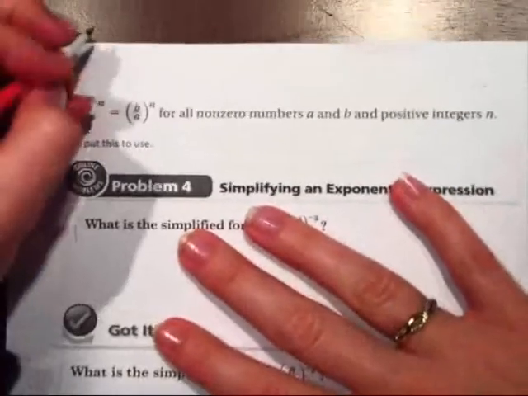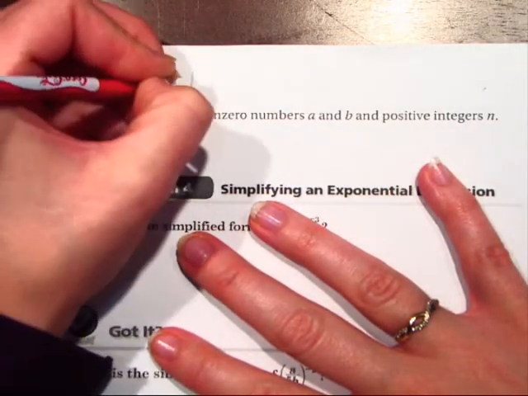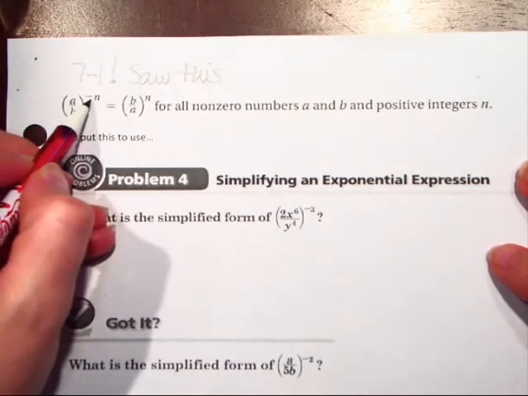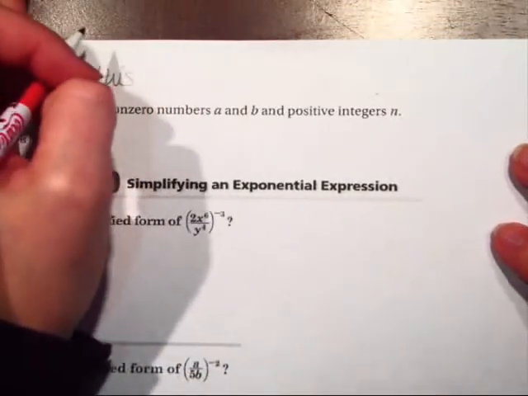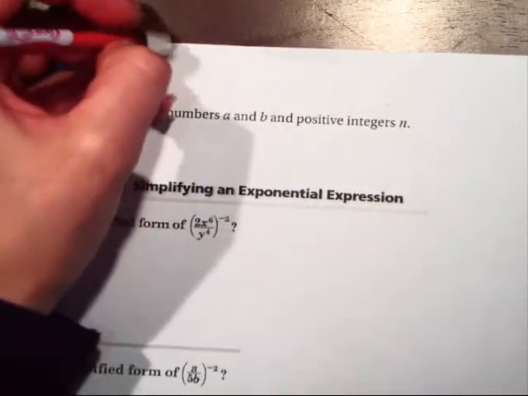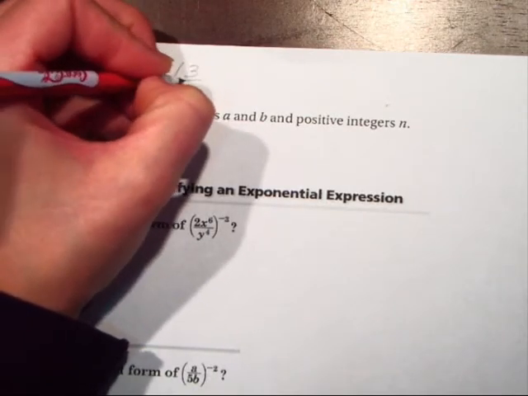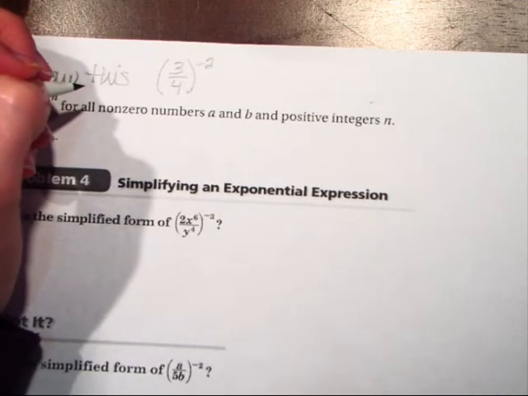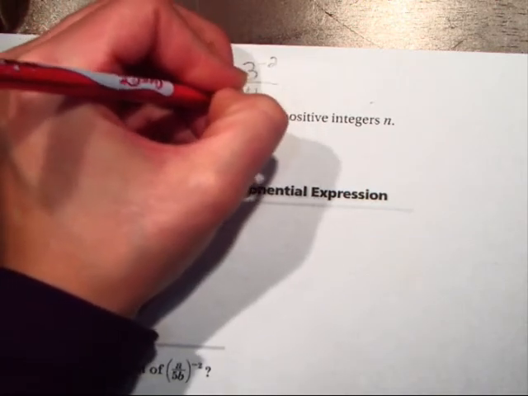We learned this in 7-1. In 7-1, we saw what happens when we have a negative exponent for a fraction. What I made you do in 7-1 was, well, I didn't really tell you there was a shortcut, but there is a shortcut. If we would have had 3 over 4 to the negative 2 power, I would have made you make that 3 to the negative 2 and 4 to the negative 2.